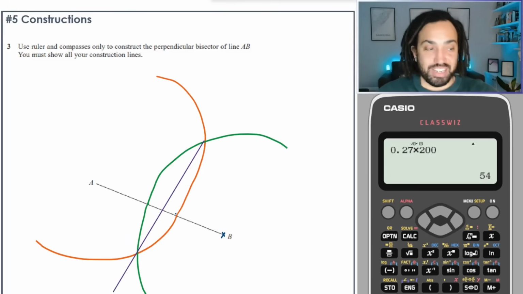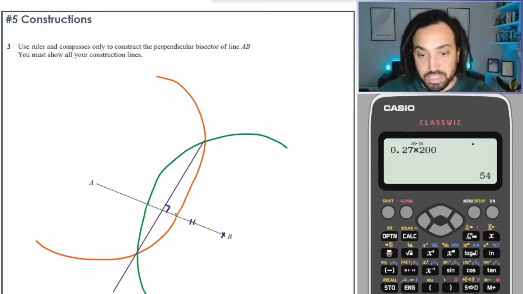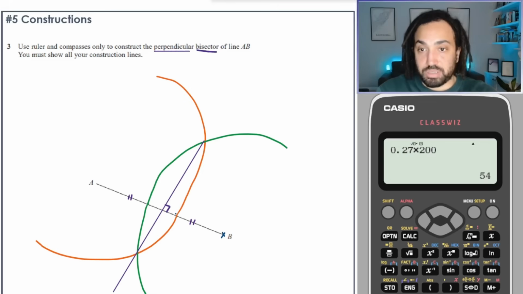If you've done it correctly, this will be at right angles, and these two lines will be equal in length. So that is the perpendicular, because it's at right angles, and bisector, because it cuts the line in half.